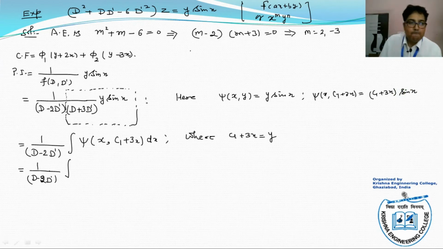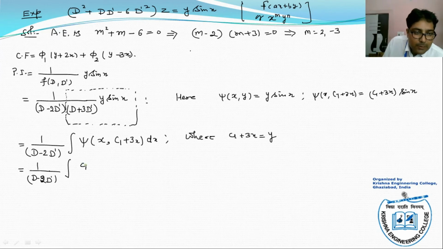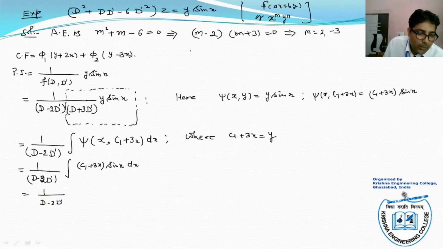Clear? So this becomes the integral of (c1 + 3x) sin x into dx. Clear? 1 upon D - 2D'.